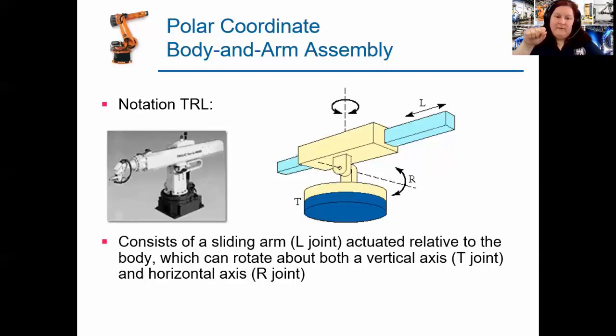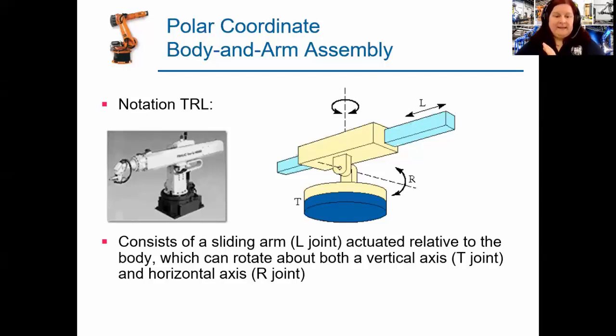So it's basically moving along two axes with rotation, and the third axis is the linear one. So the T joint is our vertical axis, the sliding arm is our L joint, and the horizontal axis is our R joint.